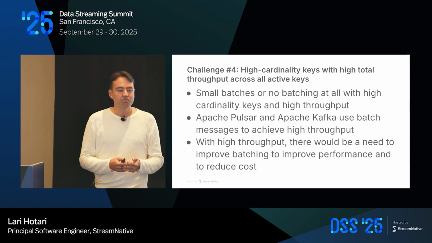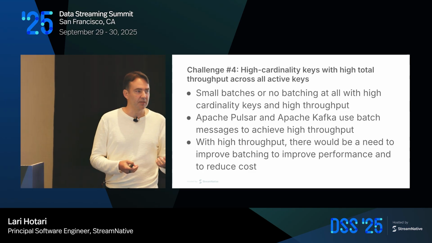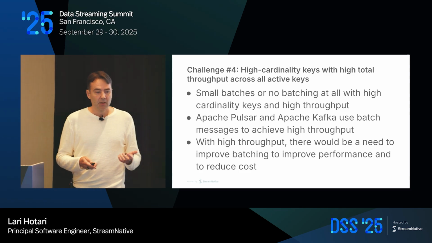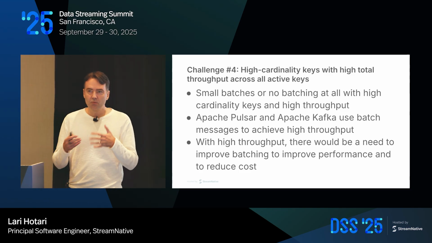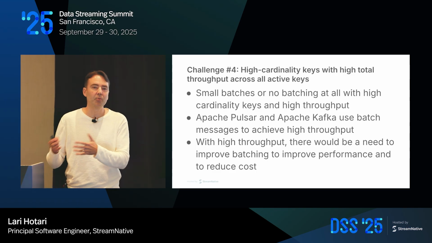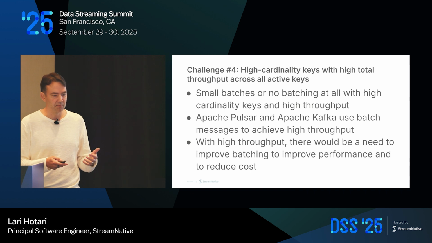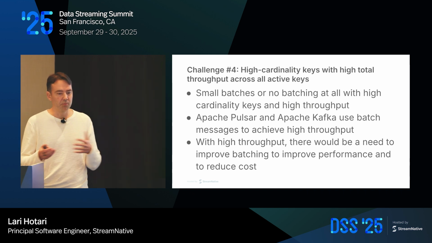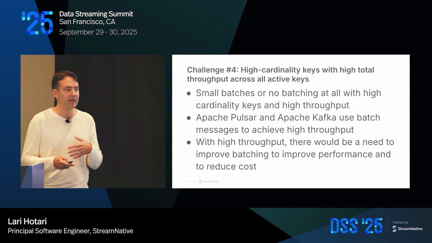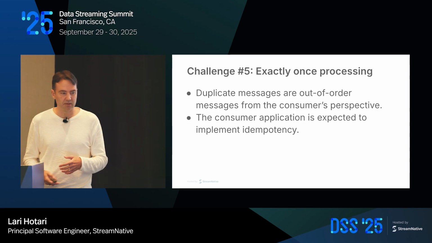And that results in the problem that you have very small batches or no batching at all. The reason why this is a problem is that the opportunity to save cost through batching is missed, and there could be 10x or 50x differences in how problems are solved in IoT systems.